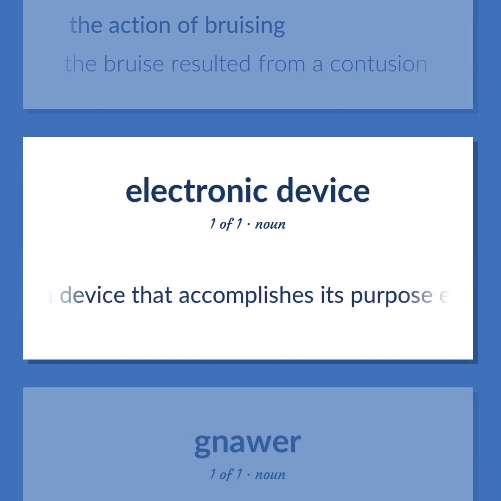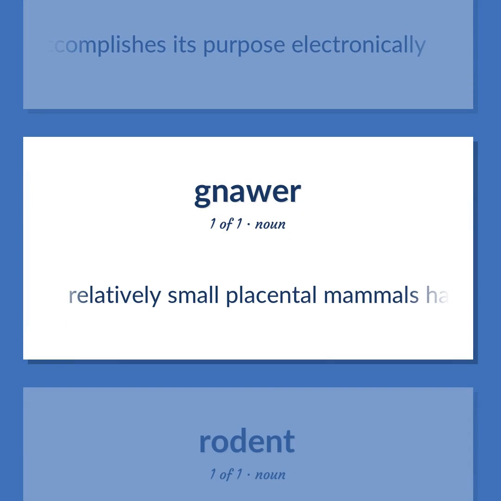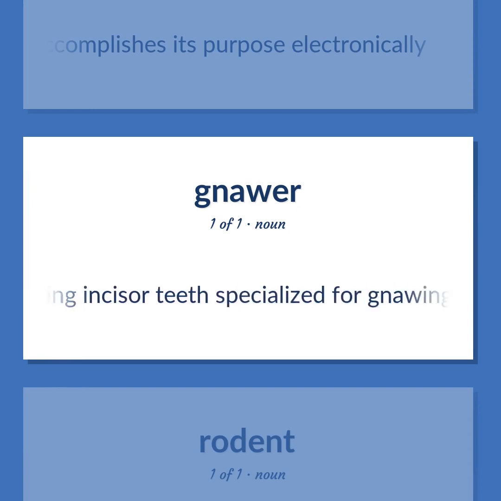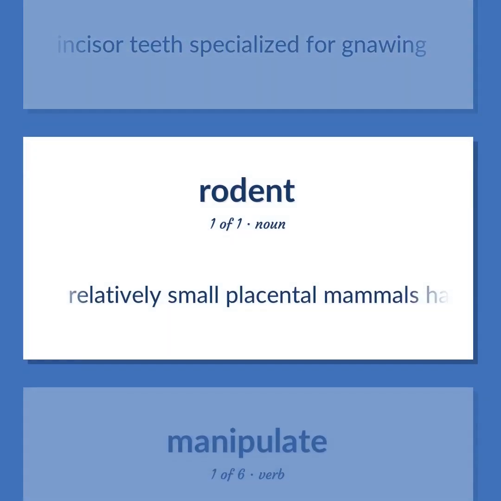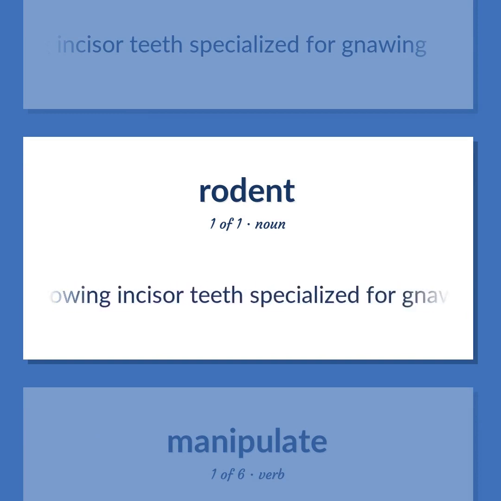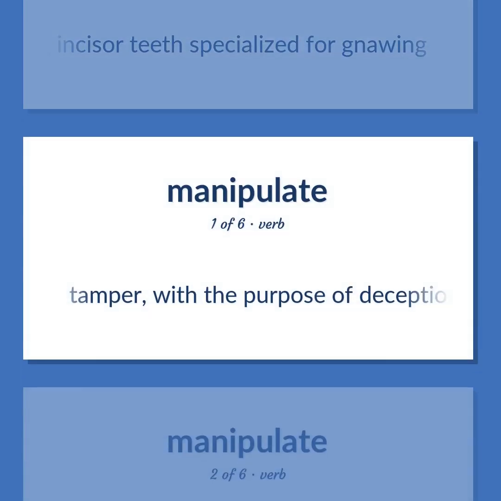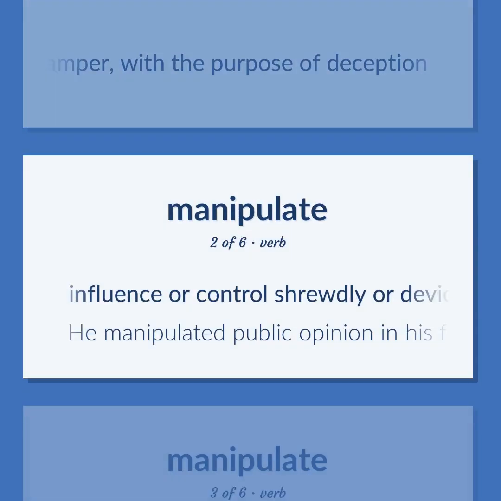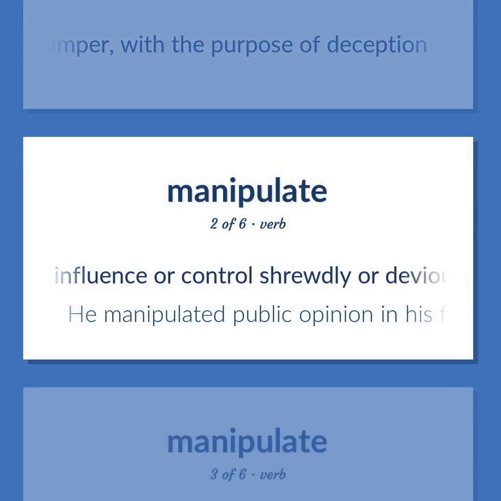A device that accomplishes its purpose electronically. Relatively small placental mammals having a single pair of constantly growing incisor teeth specialized for gnawing. Tamper, with the purpose of deception. Influence or control shrewdly or deviously.